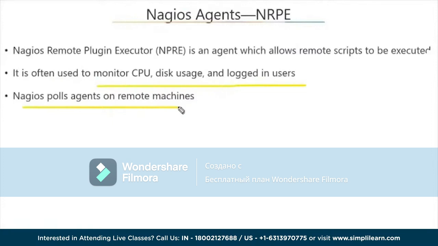So this program continuously keeps pinging the server, checking what it has been asked to check. In the case of logged-in users, you keep checking maybe every 30 seconds or every 1 minute to see how many users have logged onto this server, who they are, what time they logged in, what time they logged out, and things like that.